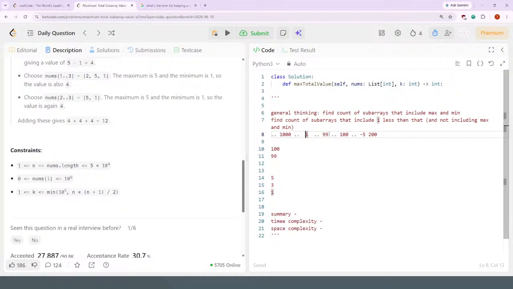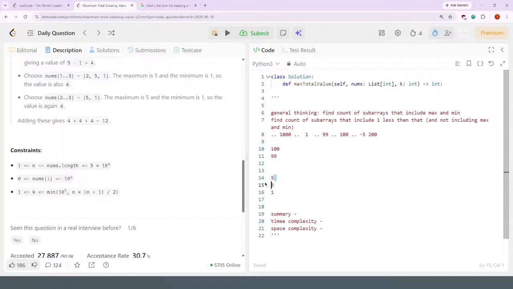Can I use a heap somehow? Can I pair the biggest versus the smallest? 100 to 1, 100 to 3, or 99 to 1.